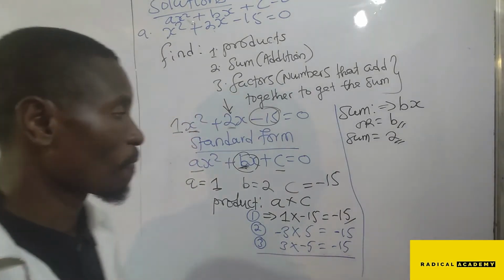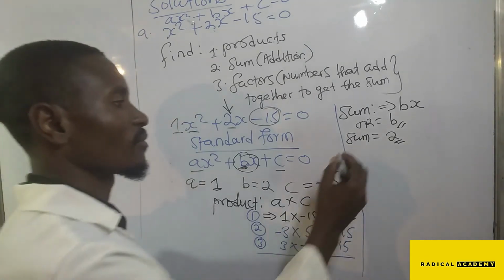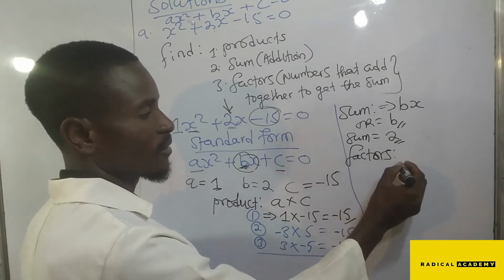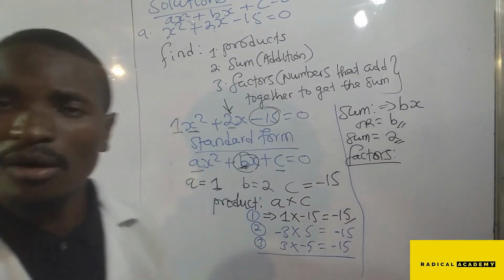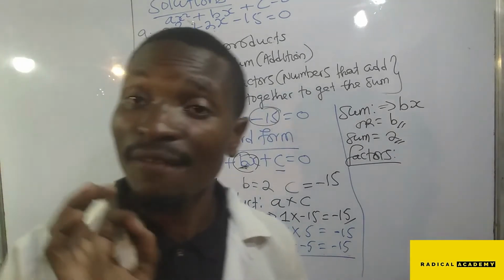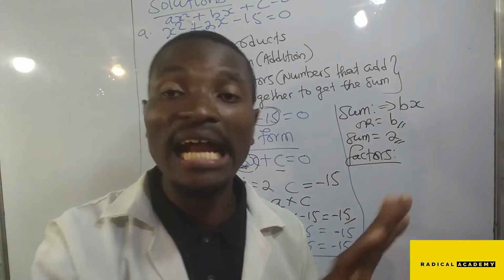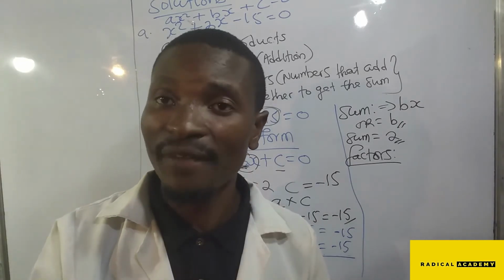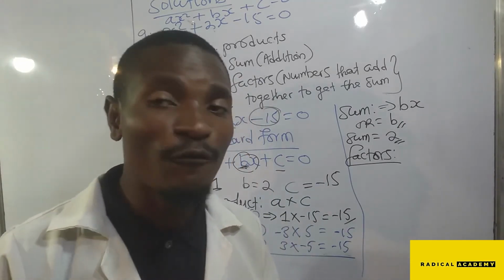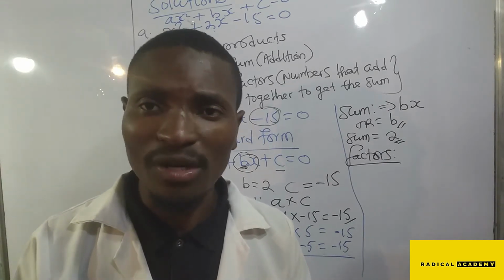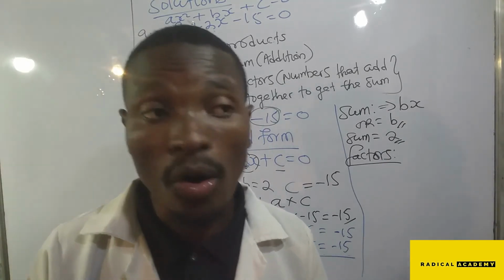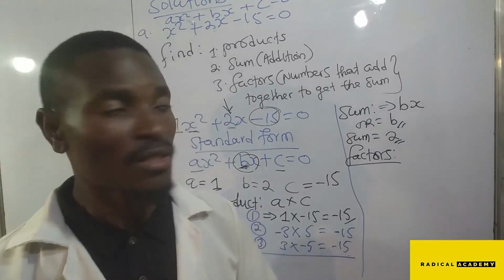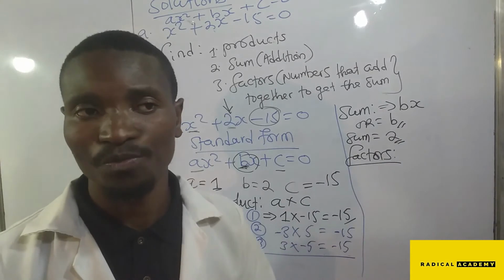And then also, what else now? You get the factors. So now remember always that the factors will not come from anywhere, but the factors will come from the products. That's where you get the factors, because those are the numbers that we can add so that we can get back to the sum.